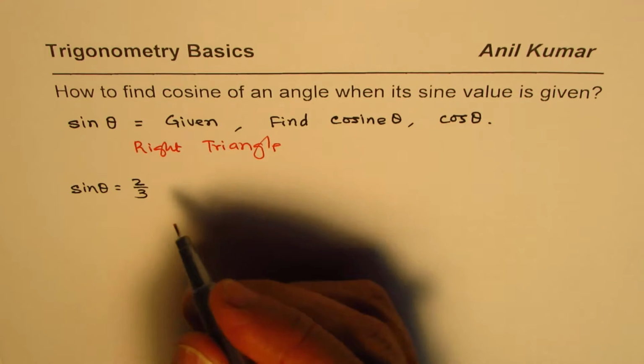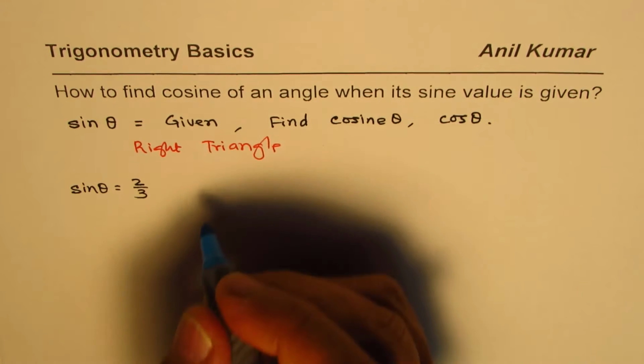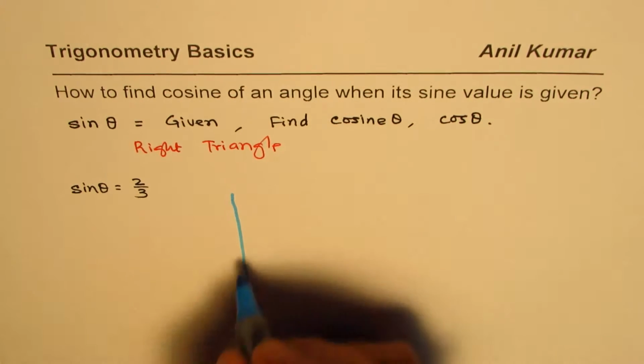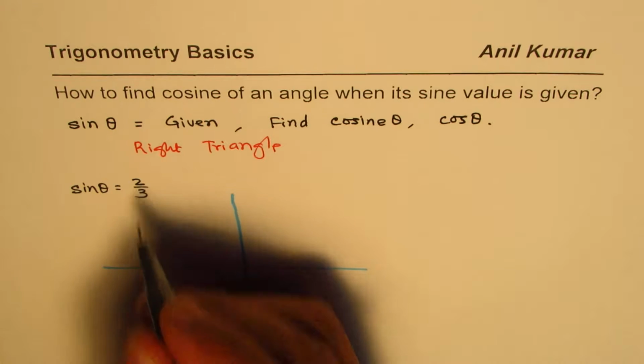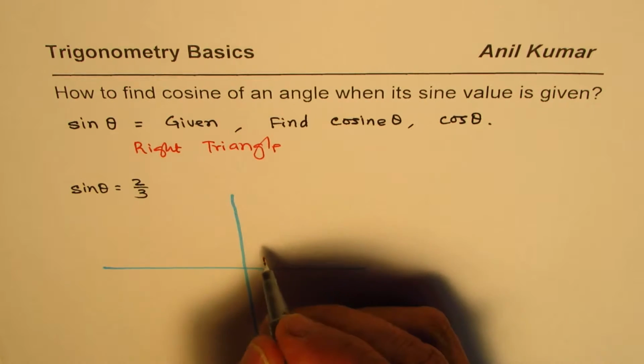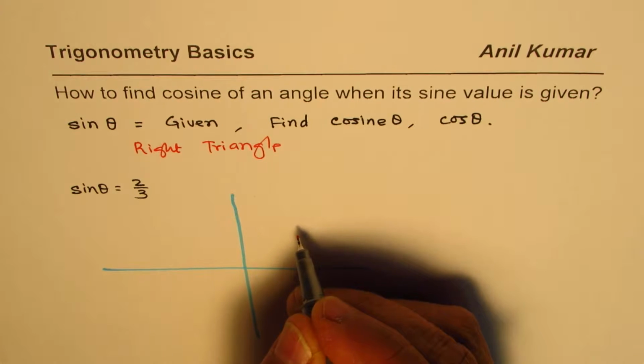To represent this, first I will take my triangle in quadrant 1. So 2 over 3 means that hypotenuse is 3 and the opposite side is 2 units long, right?